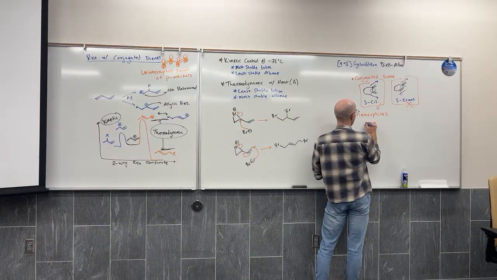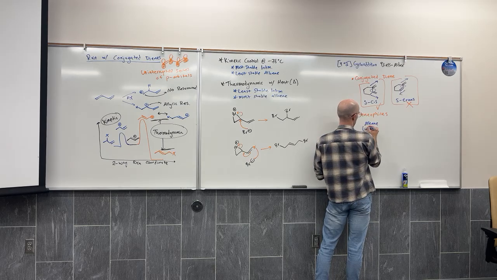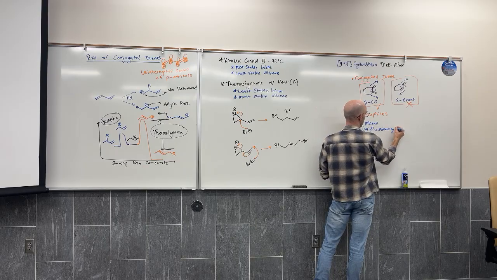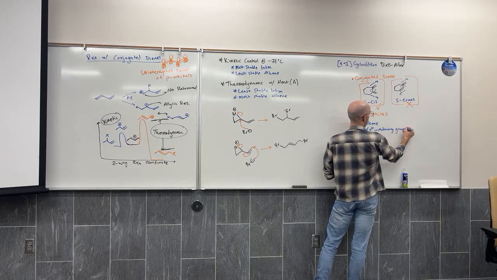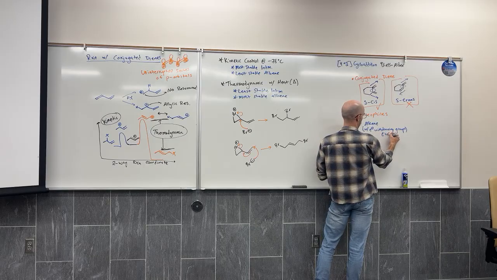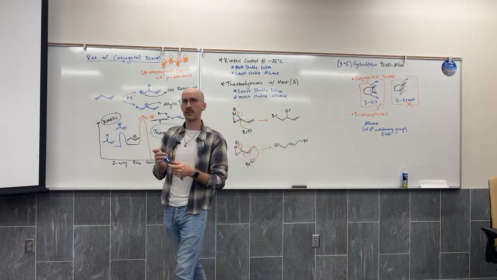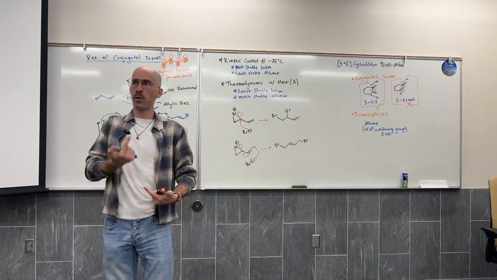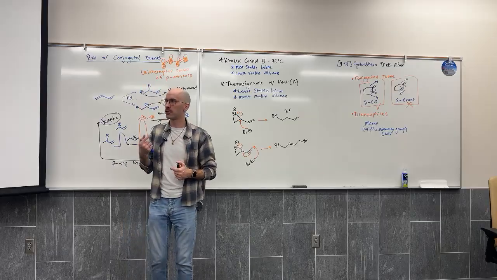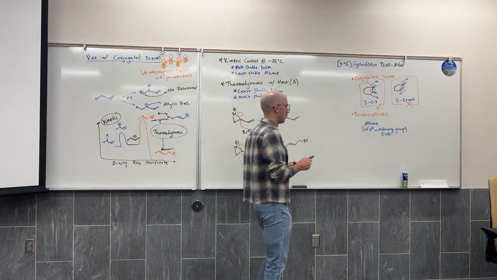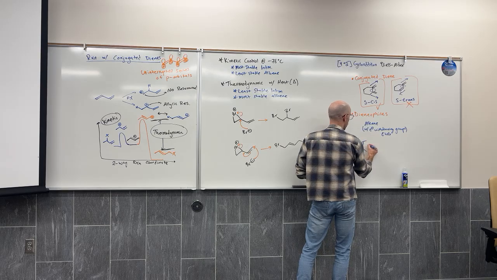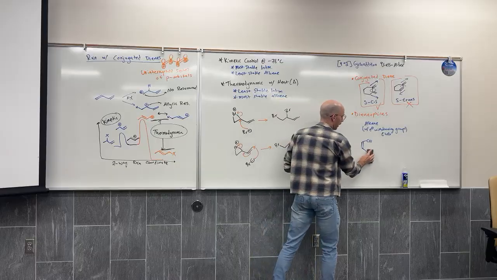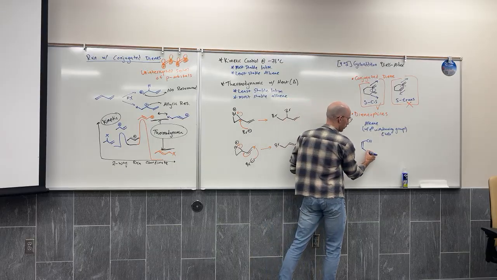We have alkene dienophiles. And these alkenes typically have an electron withdrawing group, an EWG. That is a group typically conjugated that pulls electrons towards itself, usually by having an electronegative atom. So that could be something like a nitrile, which is a good electron withdrawing group.